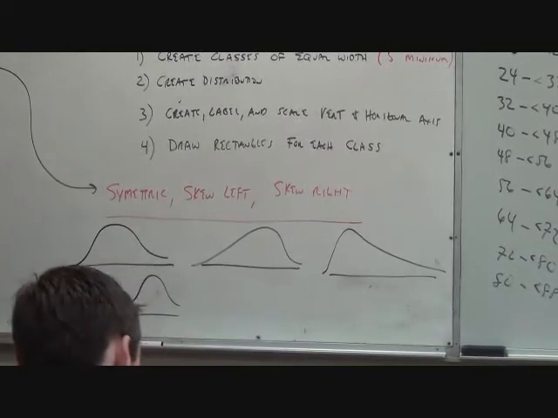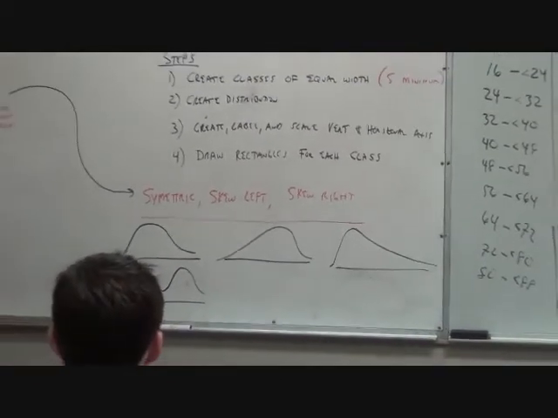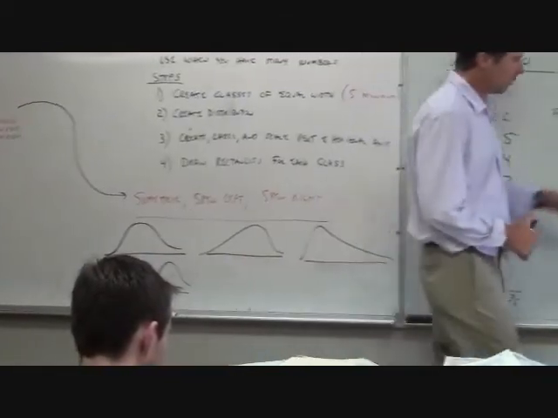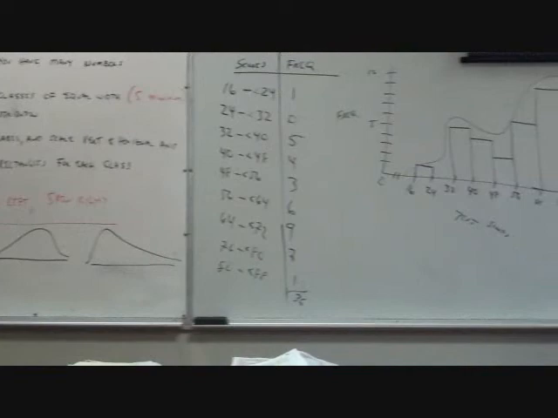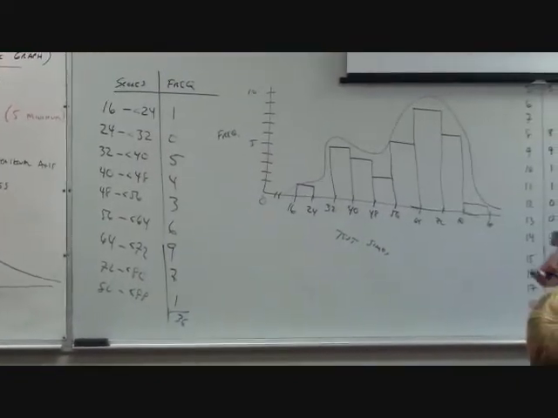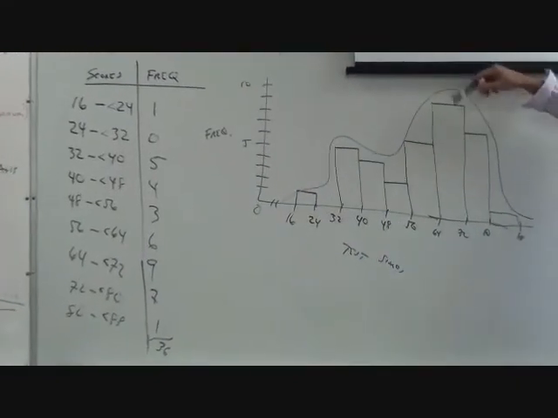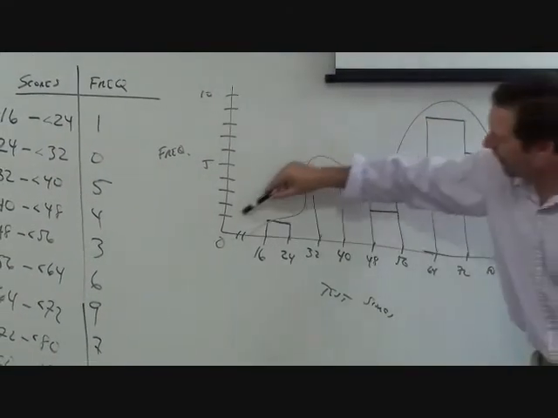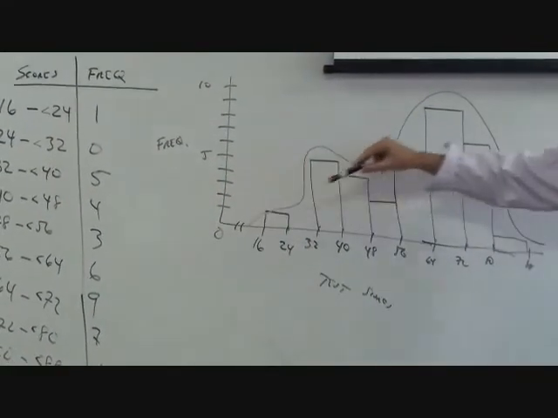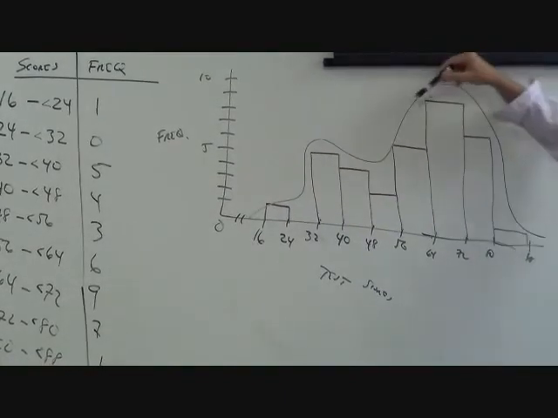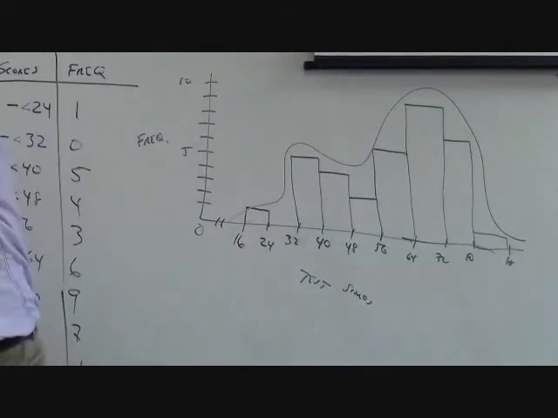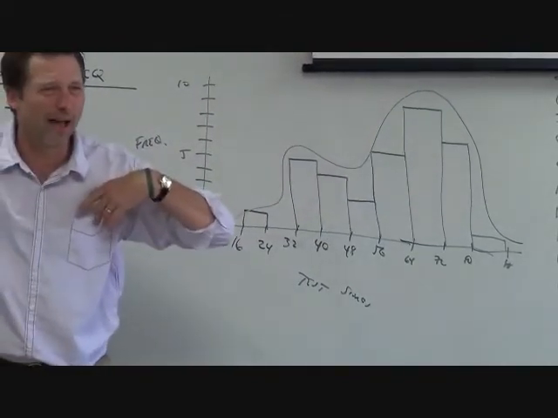So it's either going to be symmetric or skewed left or skewed right. You've got to understand the difference here now. When I'm drawing this picture, when I have to, from the major mode, go a long way over here, this is called a tail. When the tail has to go a long way over here, that means I had some really small number out there.